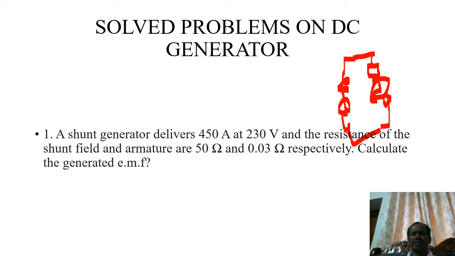The resistance of the shunt field winding is RSH. The current carried by the shunt field winding is ISH. The current in the armature winding is IA. The armature resistance is RA.